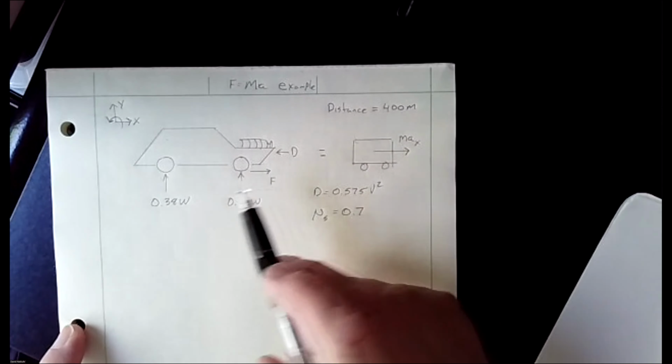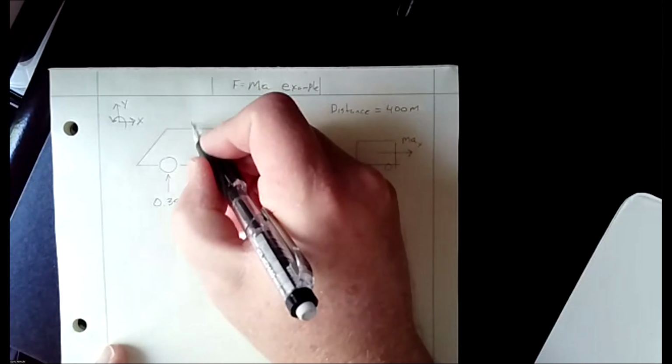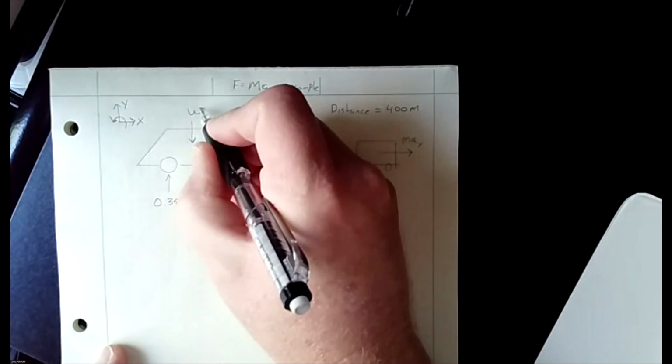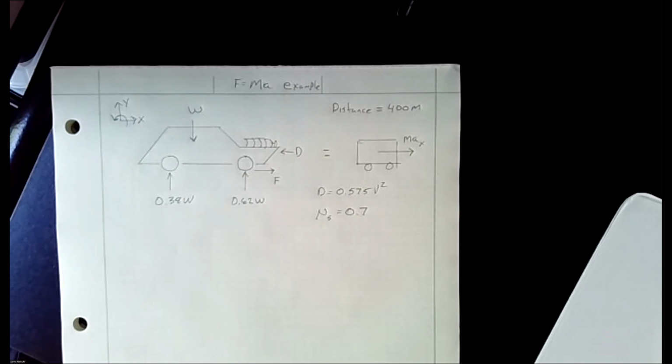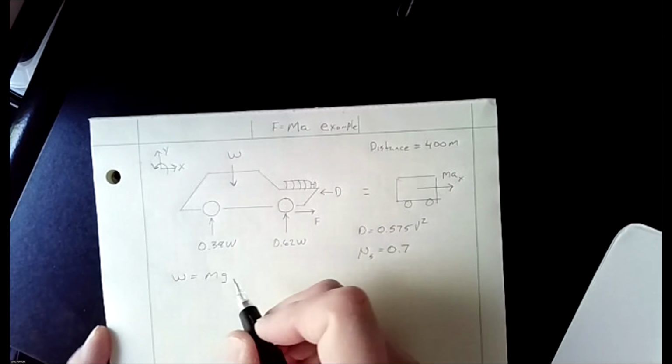And so that's our FBD. And of course, let's add weight. Then we have our mass acceleration diagram on the right, which is just MAX in the X direction. So let's figure out what our weight is. We know that weight is equal to just mass times gravity.